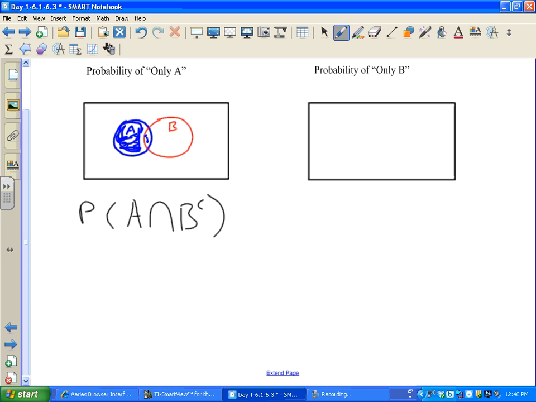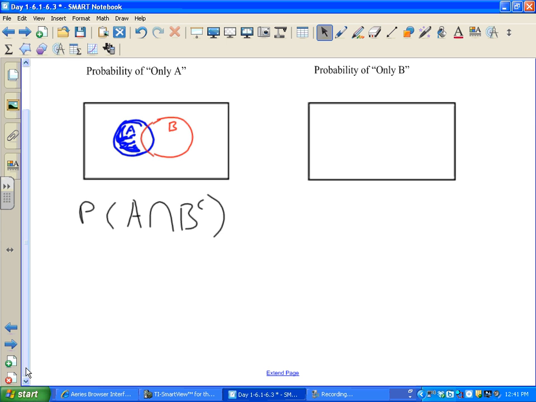That's A. If it's going to be an intersection of everything that is not B and A, then I don't get to have my middle part in there. And again, that should fit for you, the probability of A and not B. You should see how it's an intersection. Questions or clarifications on that?